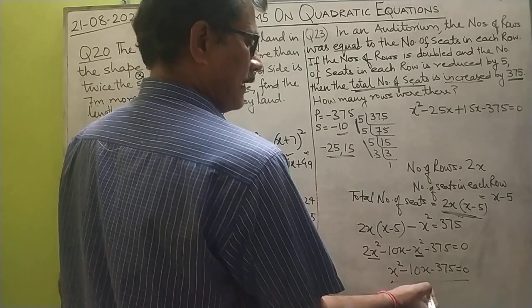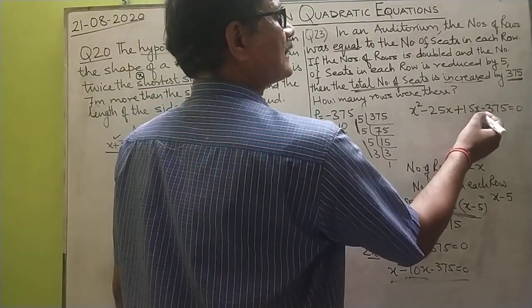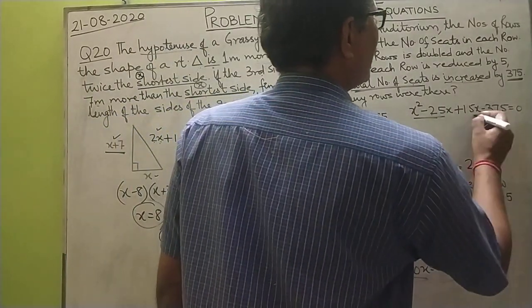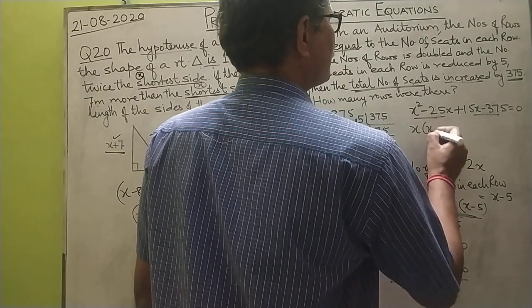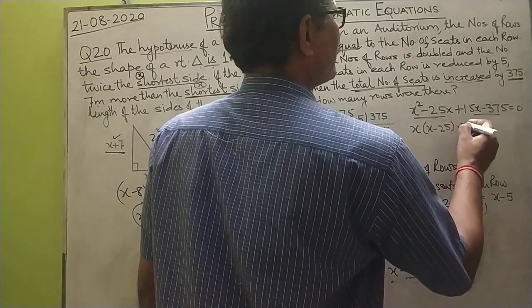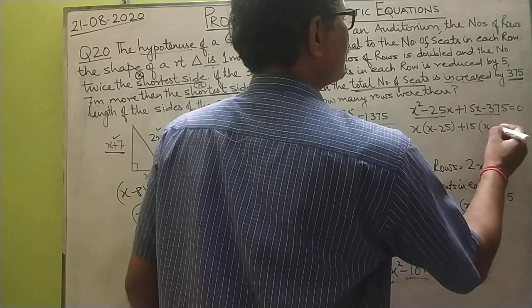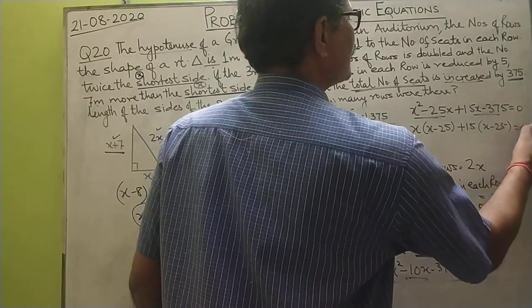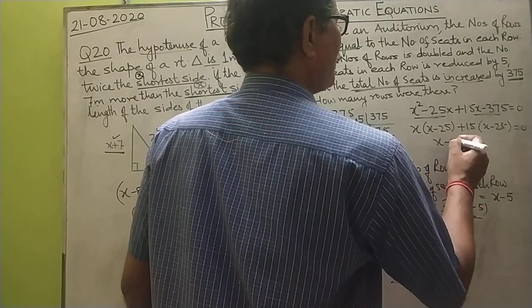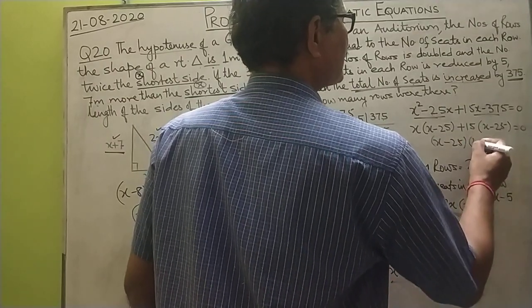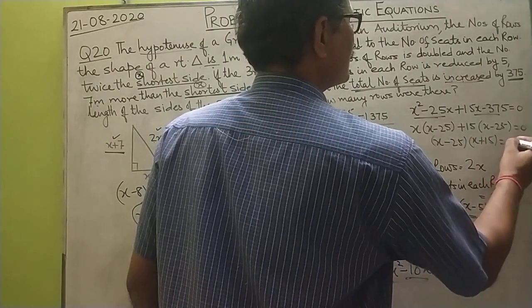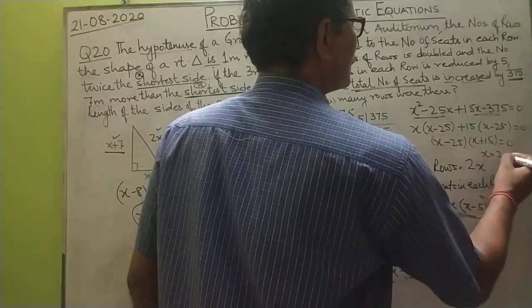So I have split minus 10x as minus 25x and plus 15x. I group them and factorize. I get x times x minus 25, and I take 15 common. I get x minus 25 is equal to 0, and that gives me x minus 25 times x plus 15 equals to 0. So I come to know that x has to be 25.